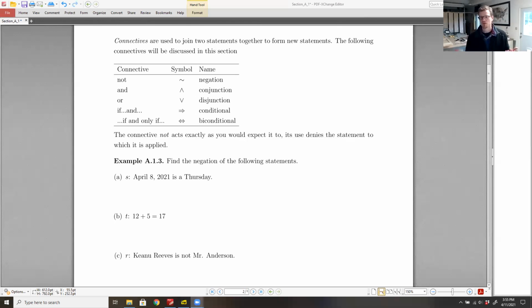Connectives will join two statements by saying that we want particular conditions. We want two statements to be combined, and we want the combining of them to be true in some situations and not other situations. Now, most of these connectives we're actually pretty familiar with, at least the first three.